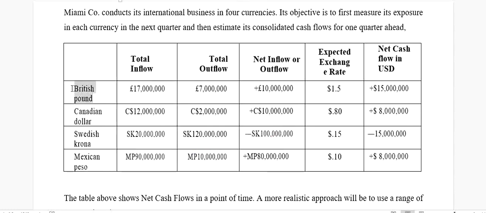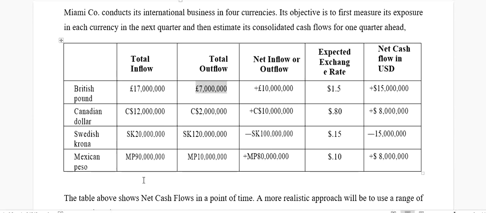From the business or venture in the UK, they are confident that they will generate 17 million pounds. It's the budgeting thing. You have your budgeted revenues and budgeted expenses. So they know that they will generate 17 million pounds in the coming 1 quarter. Likewise, they have their budget of expenses, which says there will be a cash outflow of 7 million pounds.